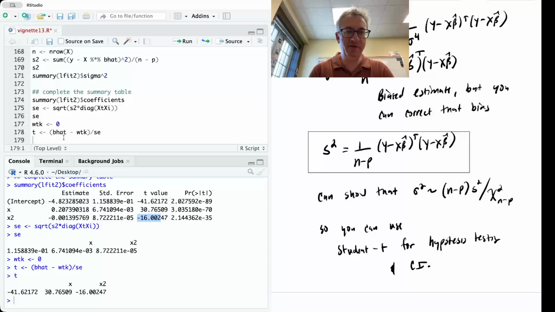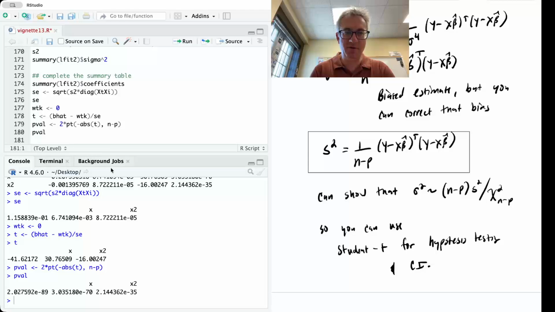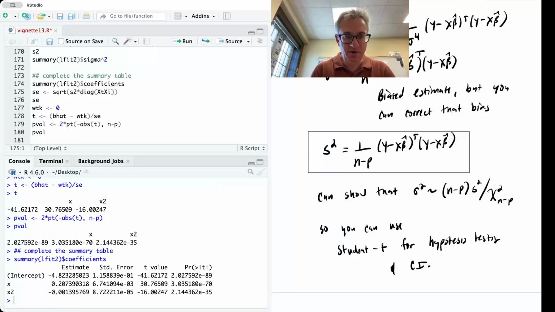And then to calculate the p-value, I'm going to take 2 times the density from the t of minus absolute value of t, and n minus p degrees of freedom. And you can see that that should match the last column. Well, now you can't see it. I better print the summary again. So there we go. 2.2 times 10 to the minus 89.